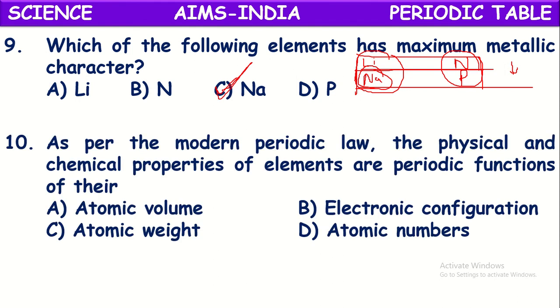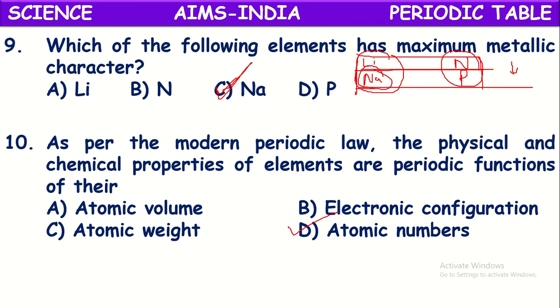Next one. As per the modern periodic law, the physical and chemical properties of the elements are periodic functions of their... yes, what does it explain to us? Modern periodic law explains that the physical and chemical properties of the elements are periodic functions of their atomic numbers.